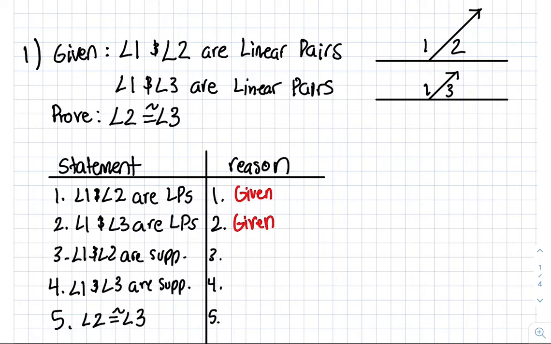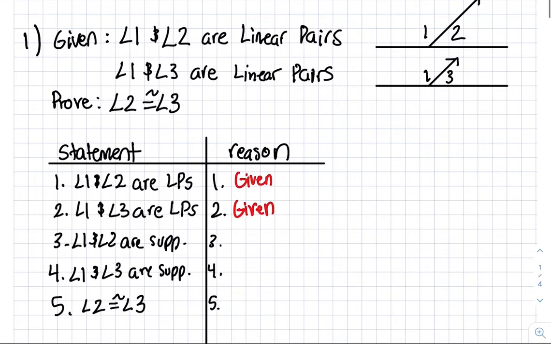Well, statements 1 and 2 say 1 and 2 are linear pairs. Since we know they're linear pairs, we know they are supplementary. Why? Because linear pairs are supplementary. That is the reason why we can say those statements.